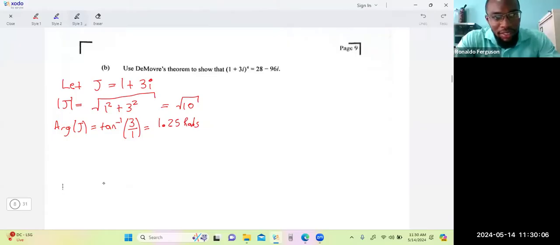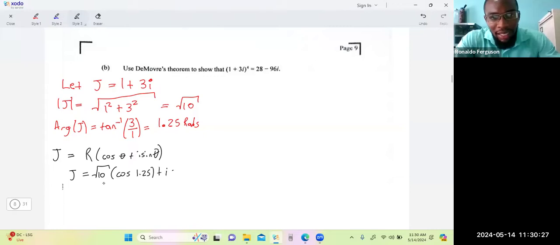So therefore, we can say that 1 plus 3i, therefore j, can be written in the form r cos theta plus I sin theta. In other words, we're rewriting j in the form root 10 cos 1.25 plus I sine 1.25 radians. This is now j. All right, and then it's being raised to the fourth power.